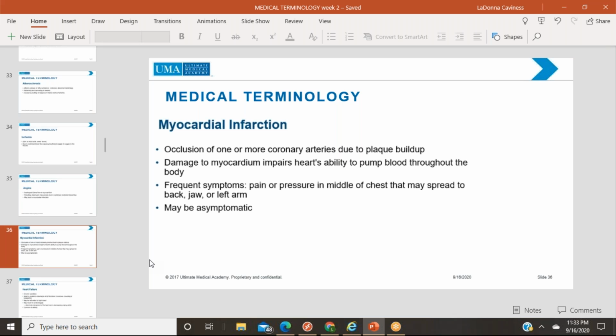May be asymptomatic. When we talk about asymptomatic, that means not showing any signs and symptoms. So what they're saying here is that there may be symptoms and there may not be symptoms when it comes to a myocardial infarction, which is a heart attack.